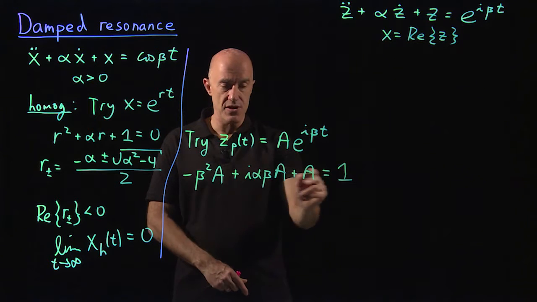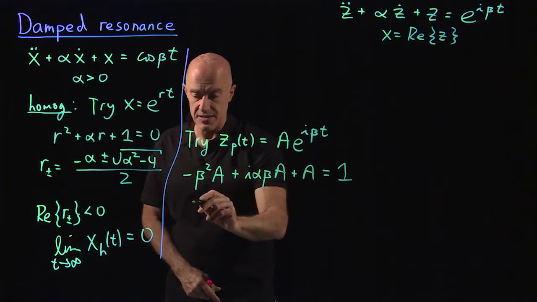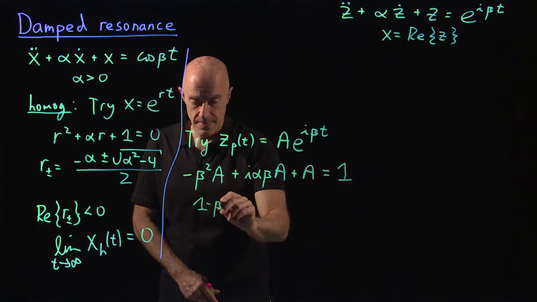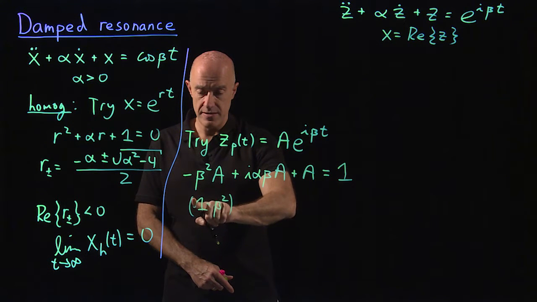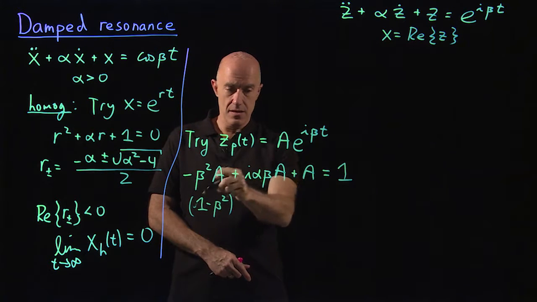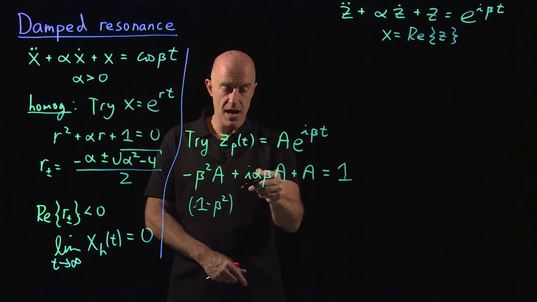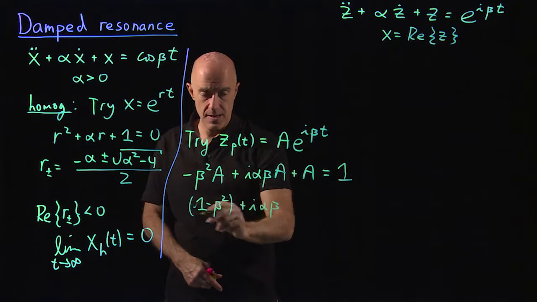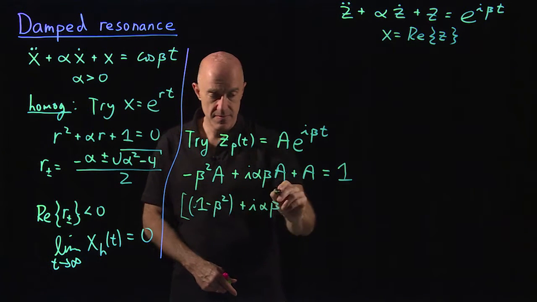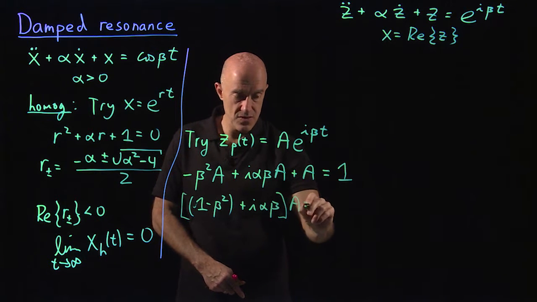We combine terms. So this is 1 minus beta squared, plus i alpha beta, times a, equals 1.